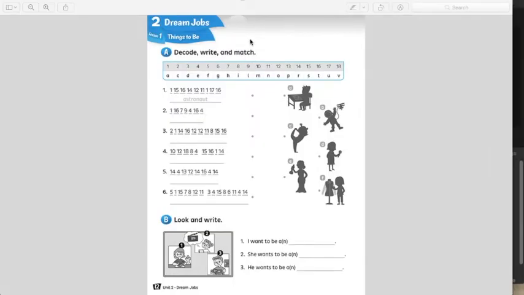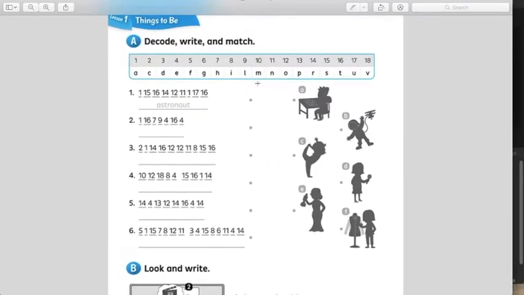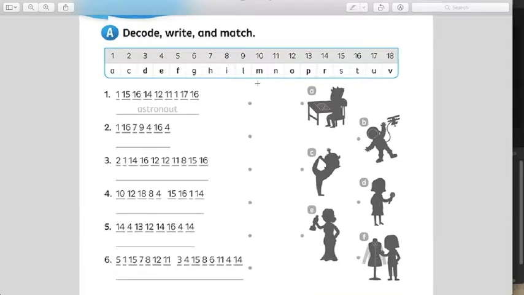All right, so here we have dream jobs, lesson 1, things to be. We are going to do letter A, and this is how letter A looks. You see all these letters again, and all these letters have a number on top. Let's take a look. The way we get astronaut here is because we get number 1.